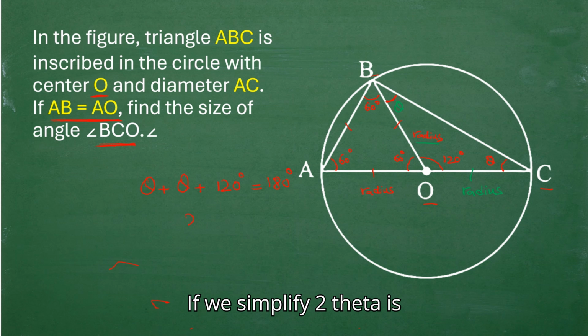If we simplify, 2 theta is equal to 180 minus 120, that is 60, and theta will be 60 divided by 2, 30 degrees. So our angle BCO is equal to 30 degrees.